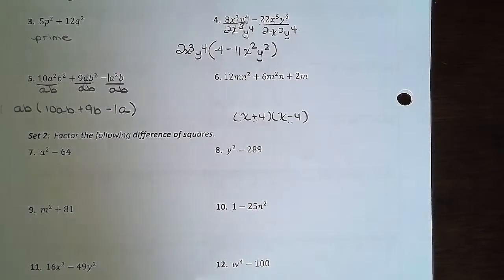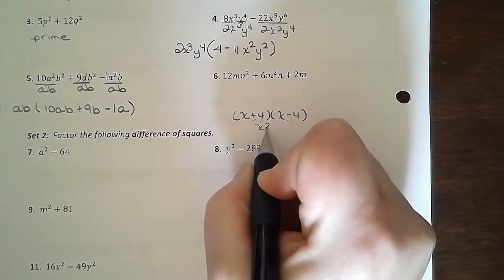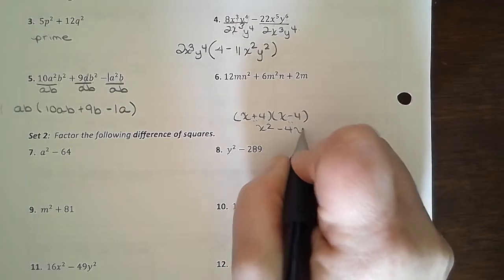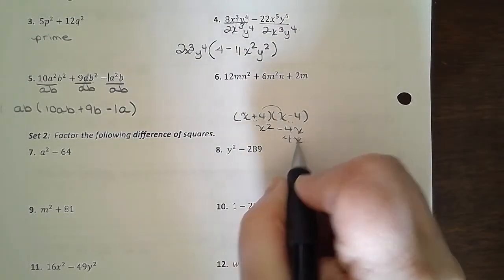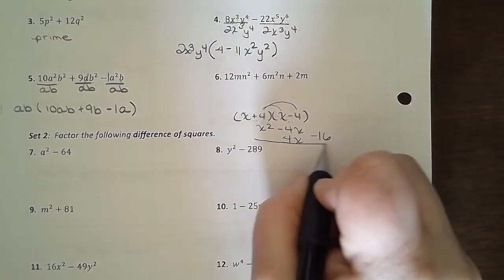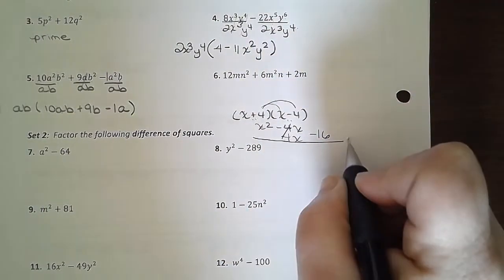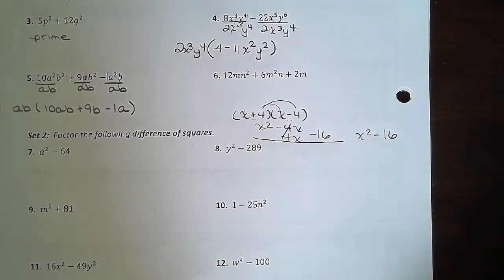If I wanted to FOIL them out, I do x times x, which is x squared, and then x times negative 4 is negative 4x, 4 times x, which is 4x, and 4 times negative 4 is negative 16. As you can see, these cancel out, and so this turns into x squared minus 16. Okay, and that's what's called a product of a sum and a difference.